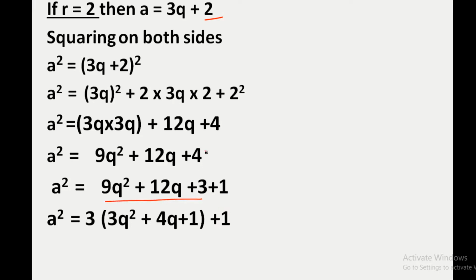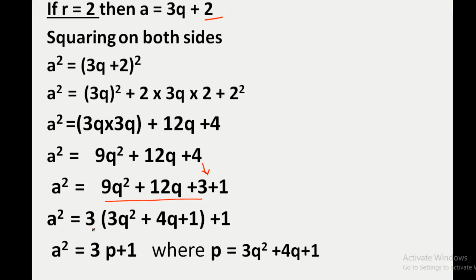You can observe here this 4 is split and written as 3 plus 1. There is this possibility, and we can write like that. So from these 3 terms, I took 3 as common. This is 3p plus 1, where this p is written in place of these three terms. In this way, we took three cases. We have done all the possible remainders.